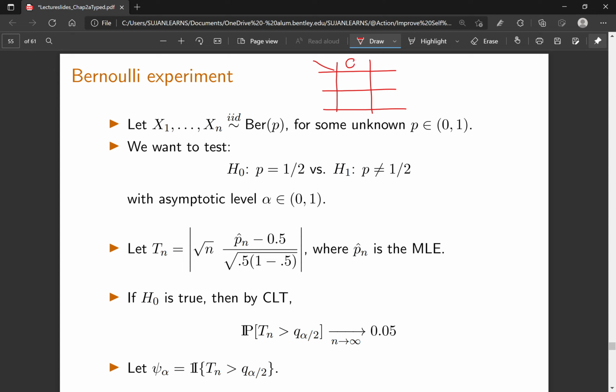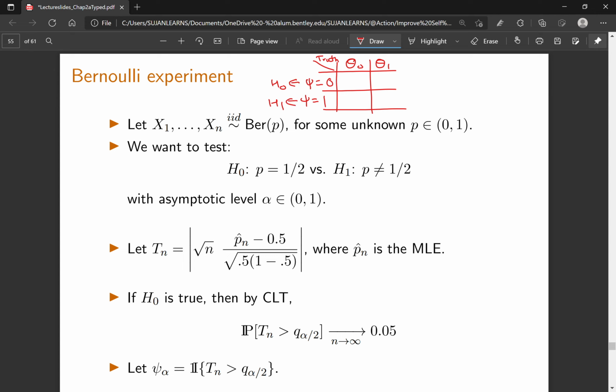This is theta naught and this is theta 1. This is truth. Secondly, we have our test. Test produces 0 or 1. This produces null hypothesis, this produces alternate hypothesis. Okay. So we have this.